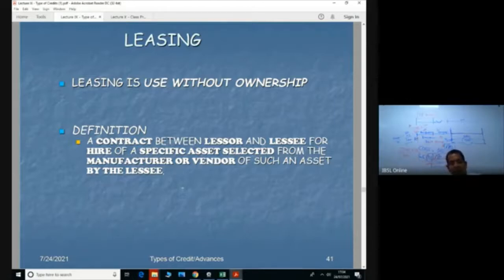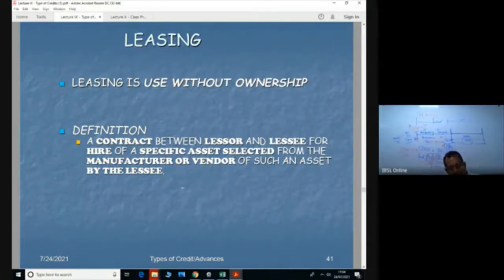Operational lease is, we select the vehicle and we allow the customer to use it. The customer is just paying rent and using our own vehicle or machine. If he does not want it, he can return the vehicle to the lessor.